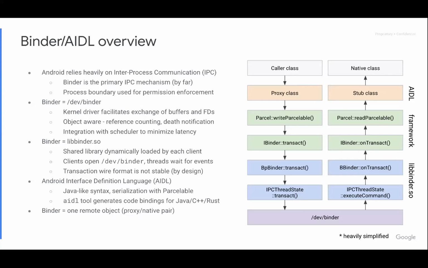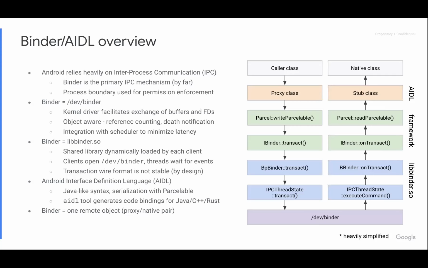The driver facilitates exchange of buffers and file descriptors between processes. It's object aware. It can provide reference counting. It can send notifications about objects dying. And it's integrated with the scheduler to minimize latency. It can give hints to the scheduler that a particular process should be scheduled.